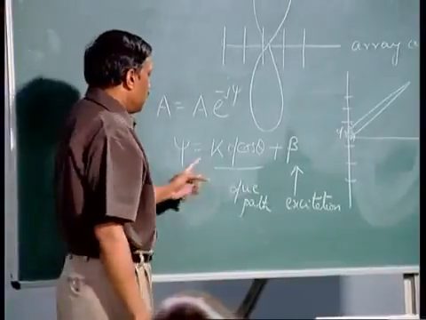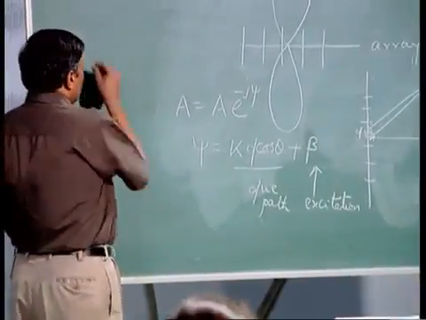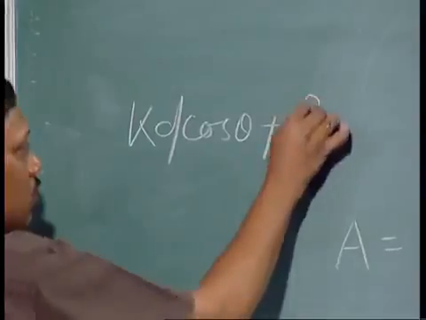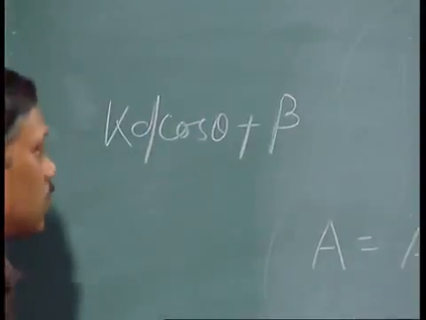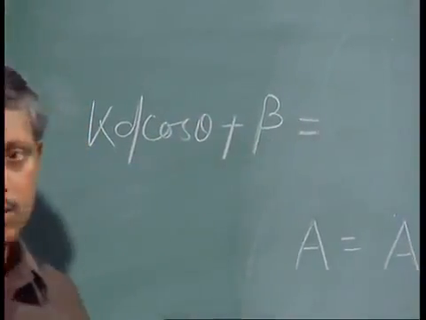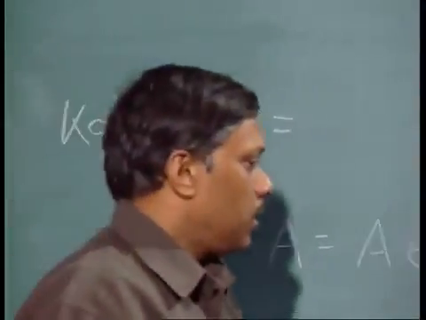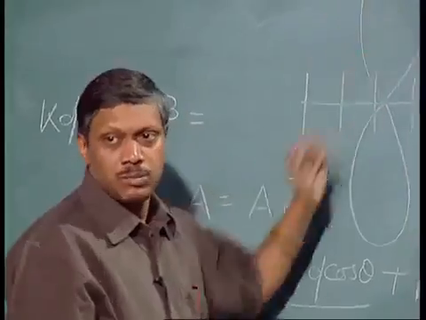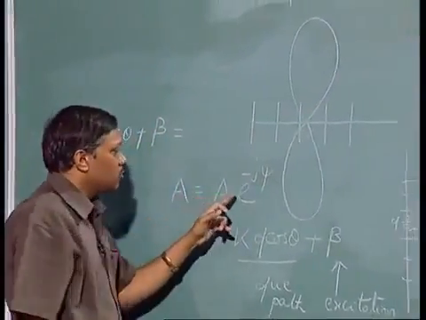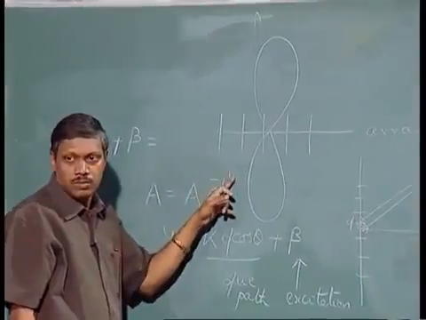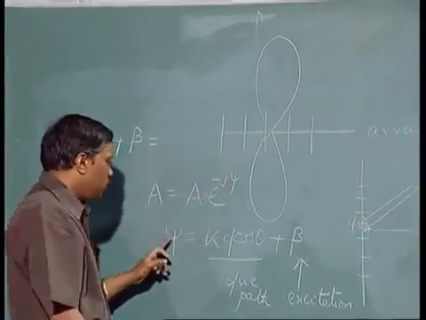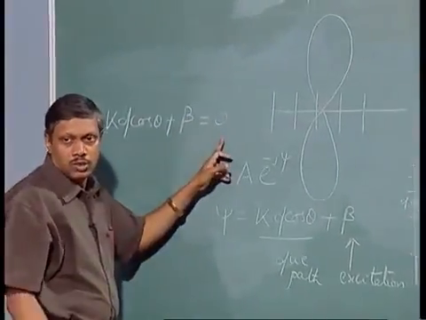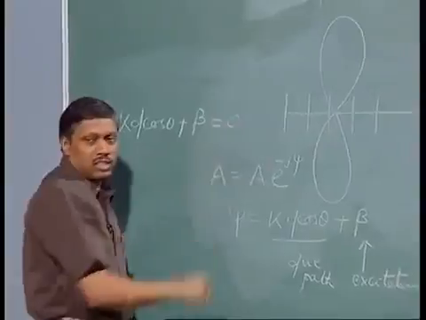So now we have kd cos theta plus beta. If we go for the direction where the amplitude is maximum, then to get the maximum this should be 0. So kd cos theta plus beta should be equal to 0. But in which direction are we trying to find it?